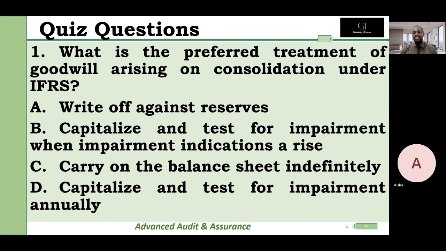C, carry on the balance sheet indefinitely. D, capitalize and test for impairment annually. Okay, capitalize and test for impairment annually.